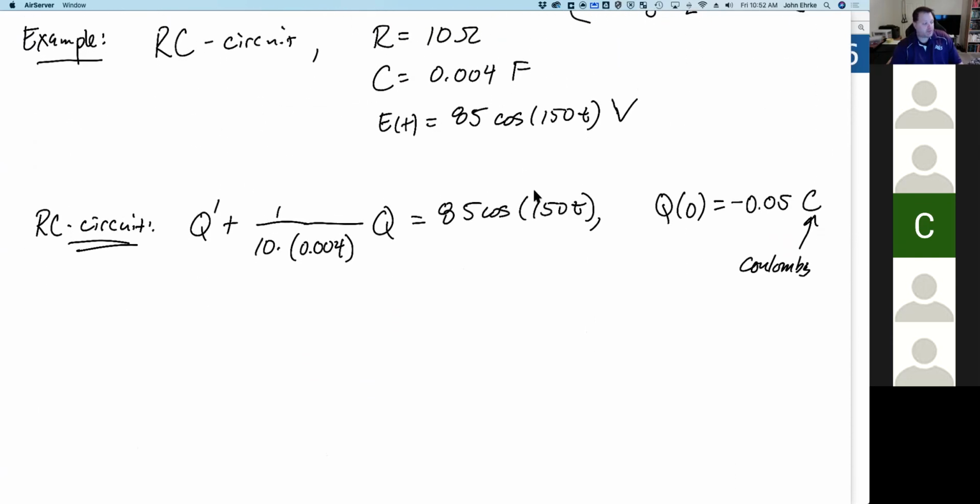So here's our example, and like I said, it really is plug and play. We know what model we're working with. We plug the values in. We have an initial value problem. Now, at this point in the course, we don't know yet how to solve this by hand. So this is Q prime plus, if I make this a little bit nicer, this quantity turns out to be 25.